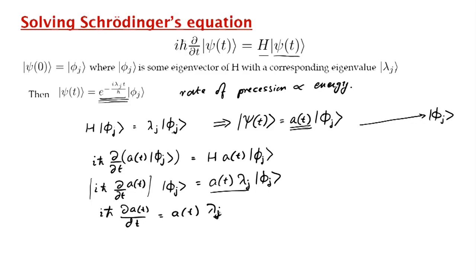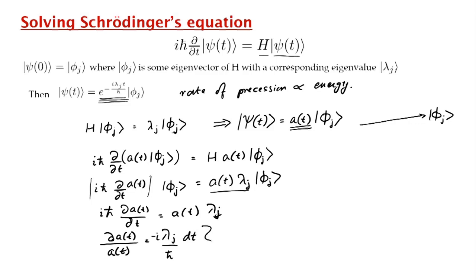Now you might already know how to solve this, or we can just go through it step by step. The way we are going to solve this is by saying dA of t by a of t equals lambda sub j over h bar, and then i in the denominator is like putting minus i in the numerator, dt.